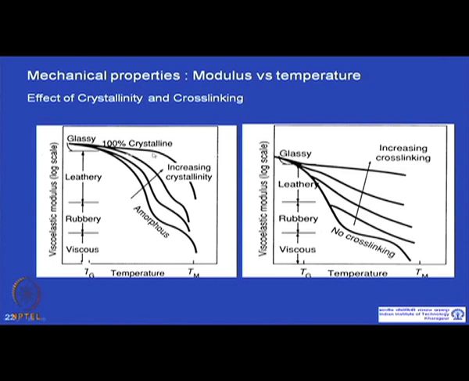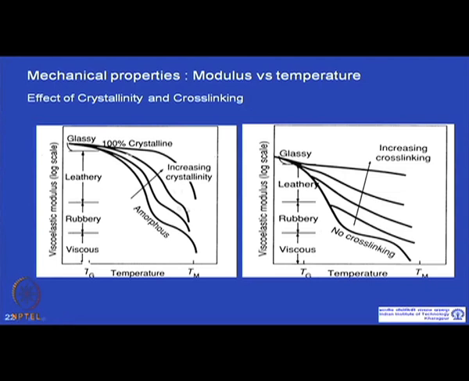So, this is what I was discussing just a minute ago: for a semi-crystalline polymer, with increasing crystallinity the elastic modulus goes up, whereas in the case of a cross linked material, the modulus goes up further with cross linking.